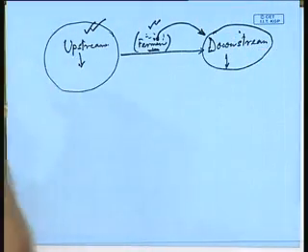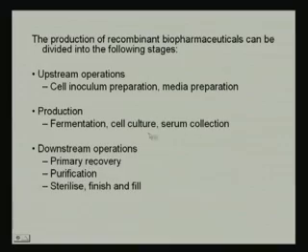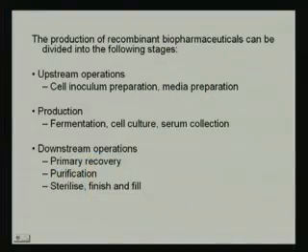So, here this fermentation, cell culture, serum collection, whatever the system may be, irrespective of plant cell, animal cell or microbial cell, when production of the product is there, we are talking about the transition phase, and then we go for the downstream operation.